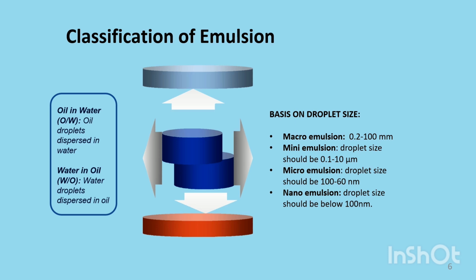For micro emulsion, it is in between 100 to 600 nanometer. For mini emulsion, the droplet size should be 0.1 to 10 micrometer only, while the macro emulsion contains globule sizes of 0.2 to 100 millimeters.